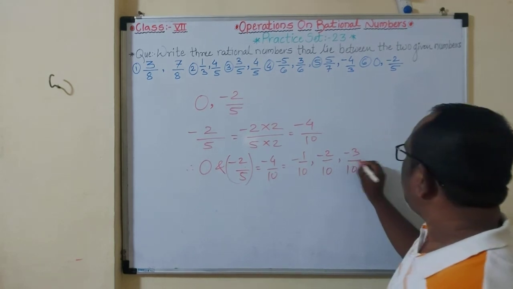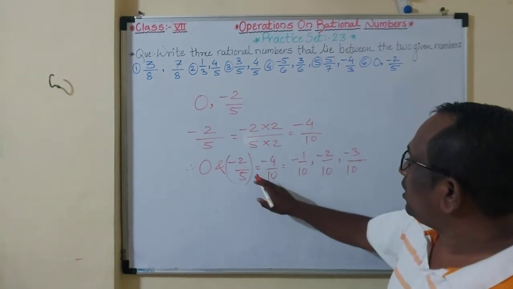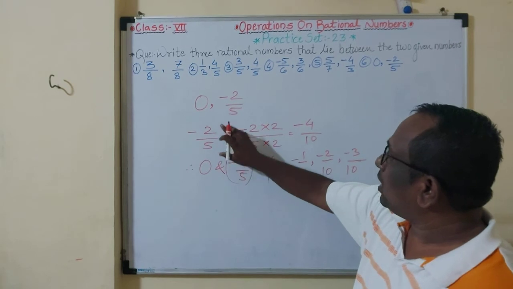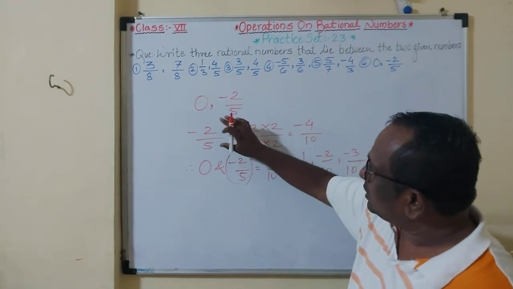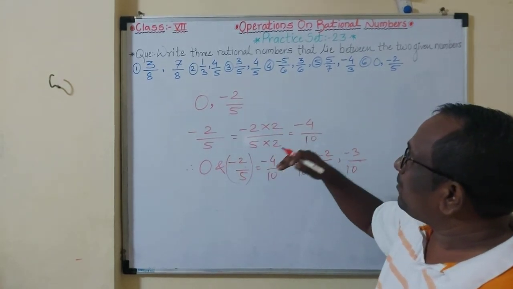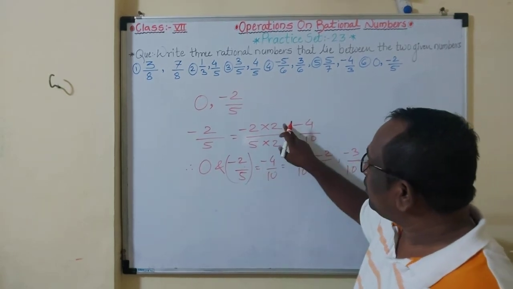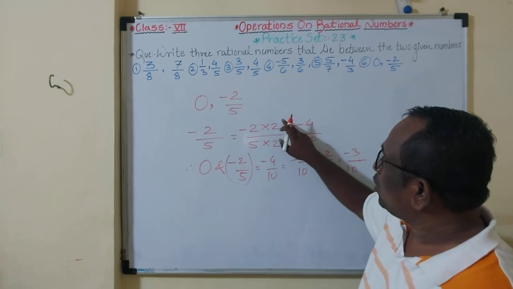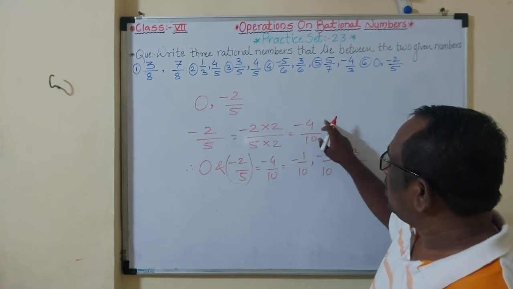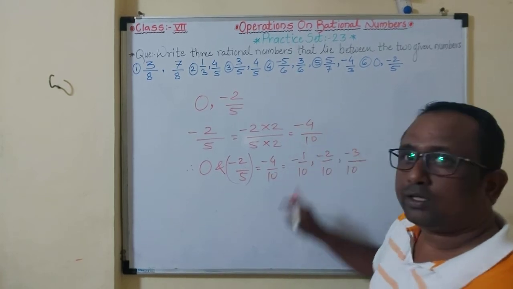Okay, so now we convert this fraction or these rational numbers by increasing the numerator. For that we multiply by 2 to both numerator and denominator, then we get minus 4 upon 10.